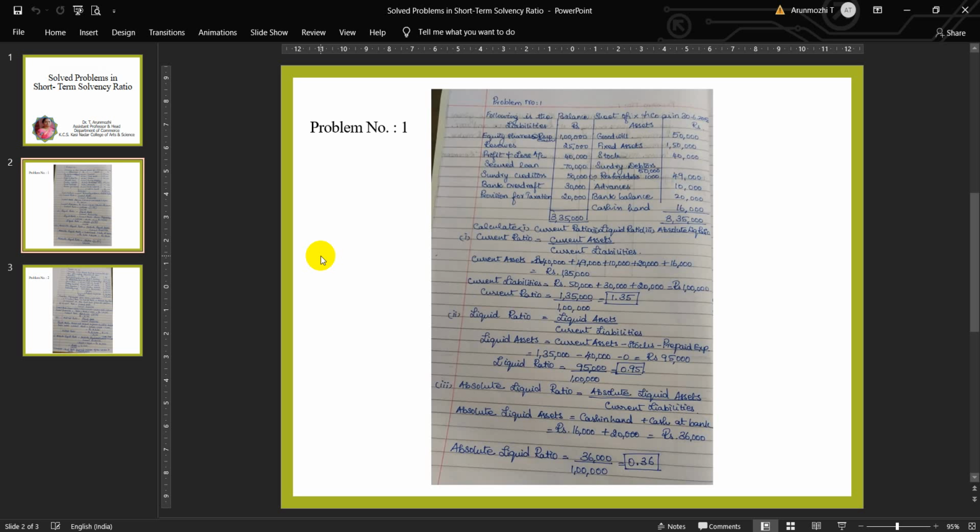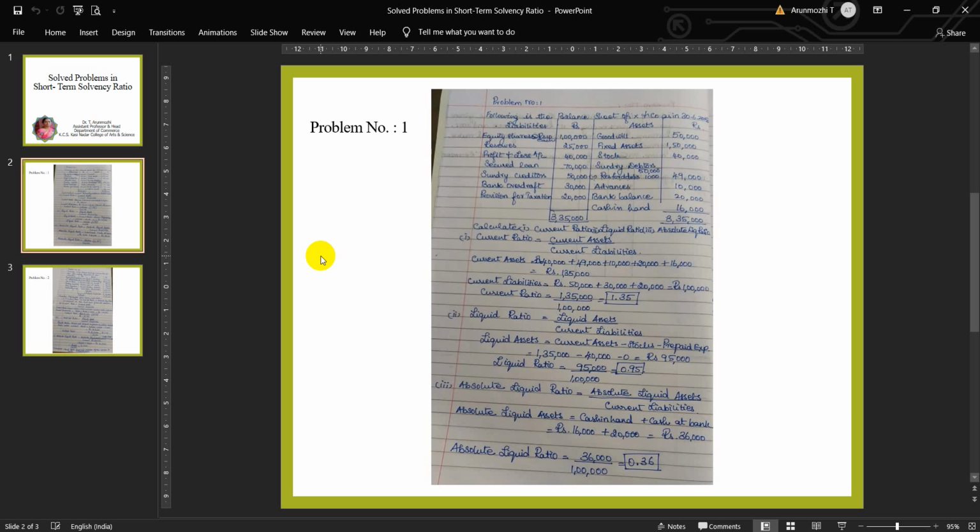In order to measure the short-term liquidity or solvency of a concern, comparison of current assets and current liabilities is inevitable. Current ratio indicates the ability of a concern to meet its current obligations as and when they are due for payment. The formula for calculating current ratio is current assets divided by current liabilities.